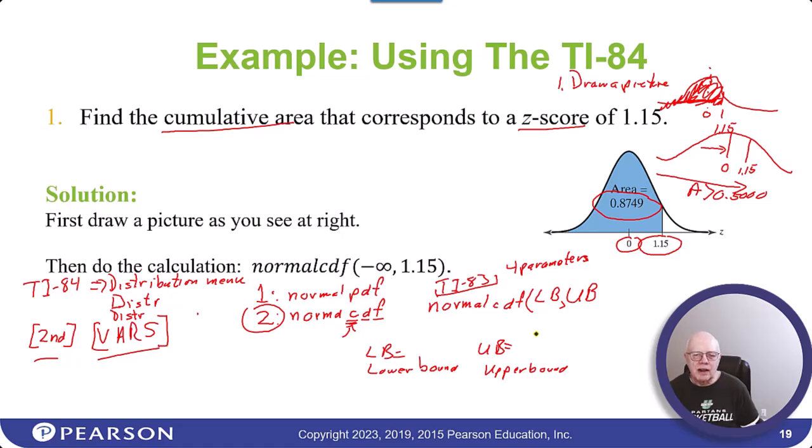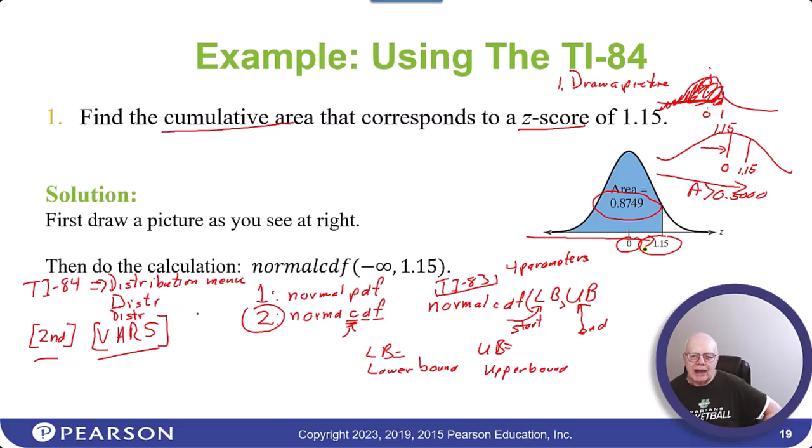So think of the lower bound as being the start and the upper bound being the end. So what we need is we want everything up to 1.15.